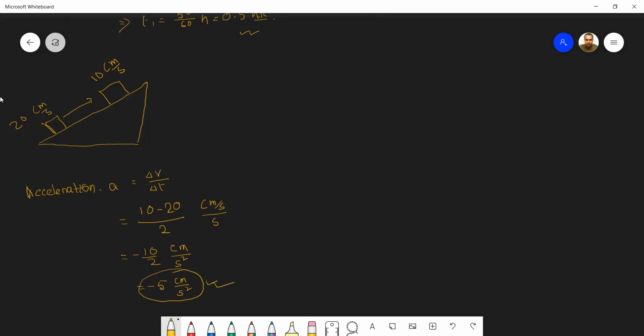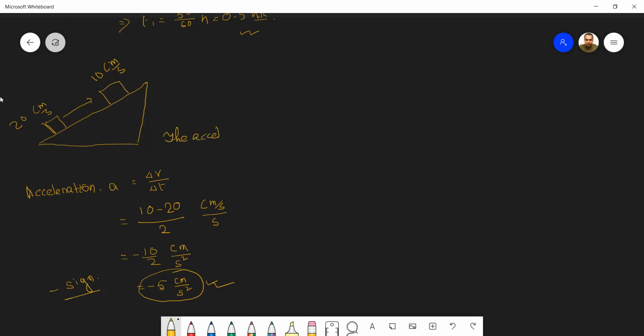What we get to see here is that the acceleration has got a negative sign. Here the acceleration is not positive, but negative. So what does it mean? It means that this acceleration of the body is in a direction opposite to the direction of motion. Let me write it down.